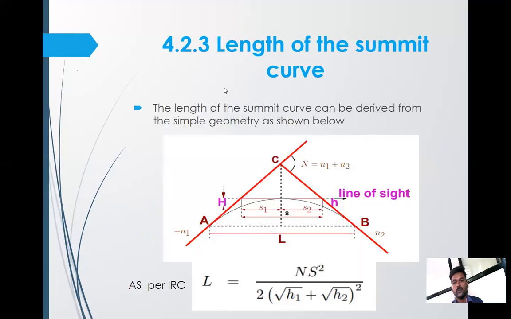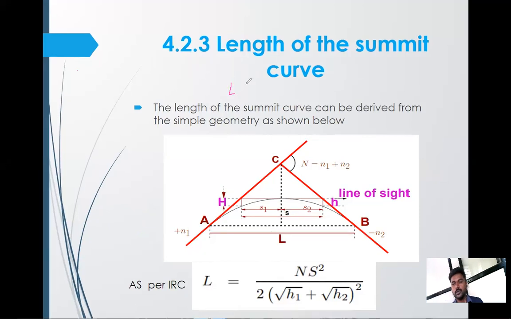This is the formula for calculating the length of the summit curve when the length of the summit curve is assumed to be greater than the sight distance. The sight distance may be SSD or OSD.